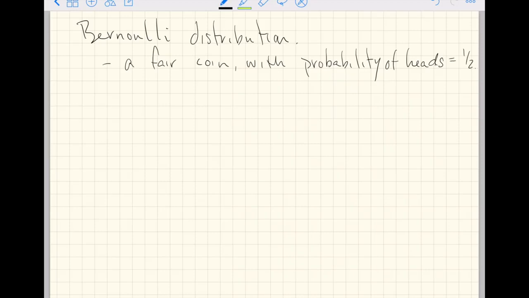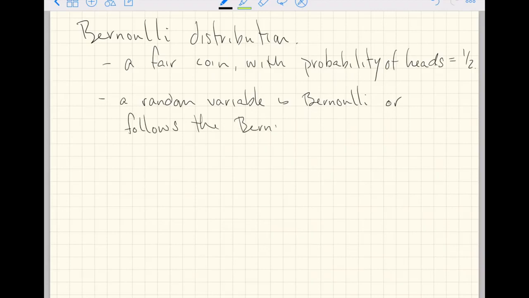So if we were to phrase this in terms of a Bernoulli distribution, we would say a random variable is Bernoulli, or follows the Bernoulli distribution, if, now think of a coin, there are only 2 outcomes.